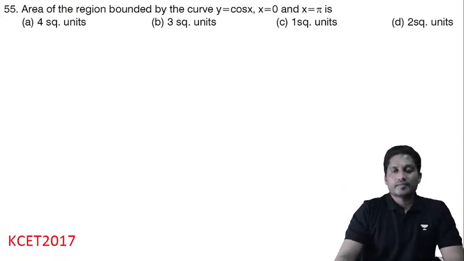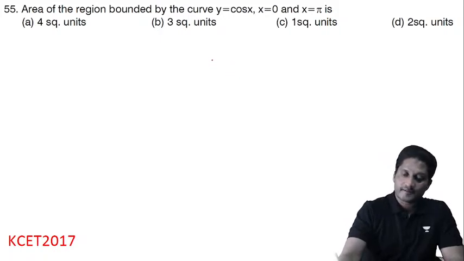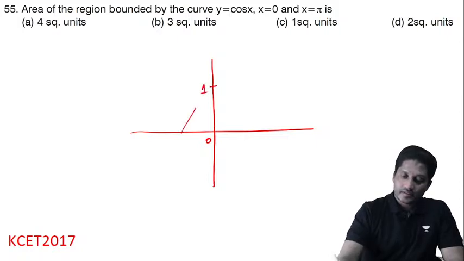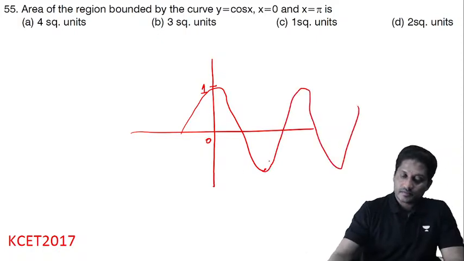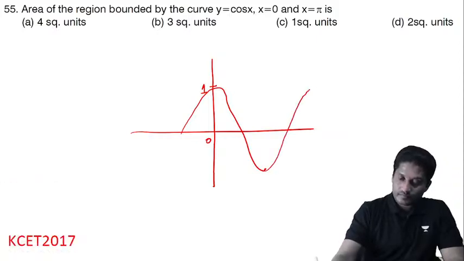Area of the region bounded by cos x, x equal to 0, x equal to pi. See, first plot the graph for cos. Cos 0 is 1, right? You get a cos graph like this. 0, this is pi by 2 and 3 pi by 2.